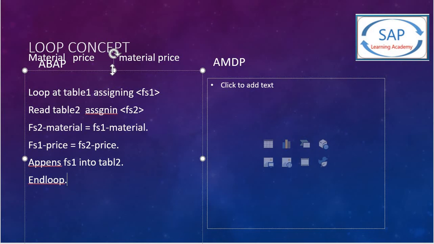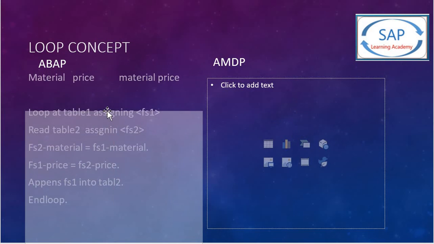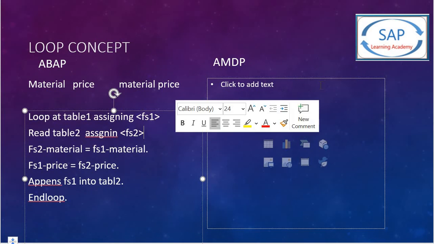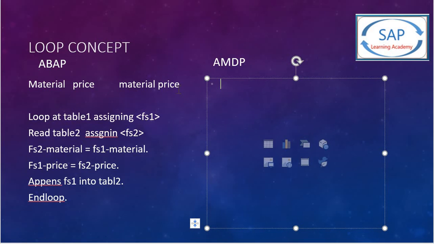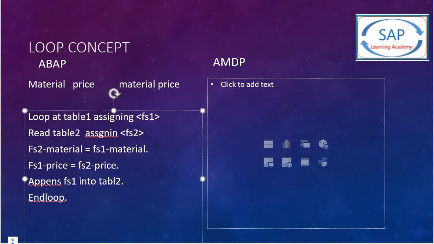But how are we going to achieve the same concept in AMDP? So here also, suppose we have these two tables, table 1 and table 2, with the same requirement: you have to take the price from the next table, and here the price is blank, and this table has the correct price.